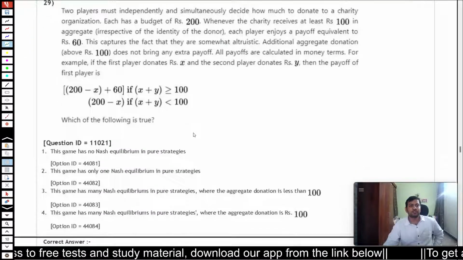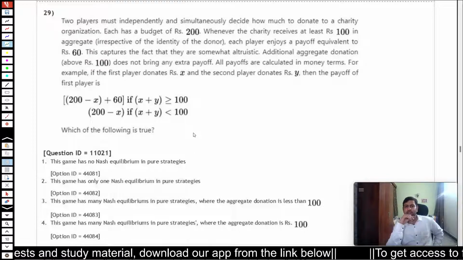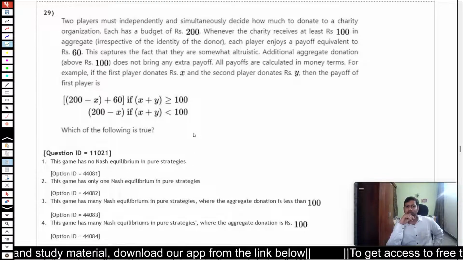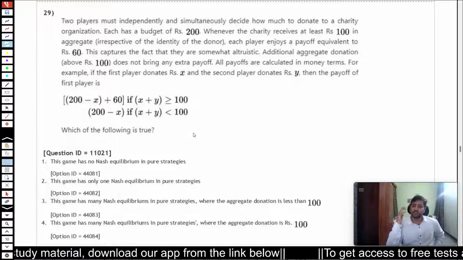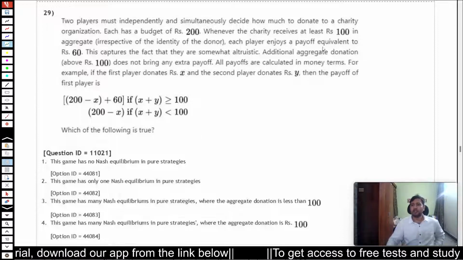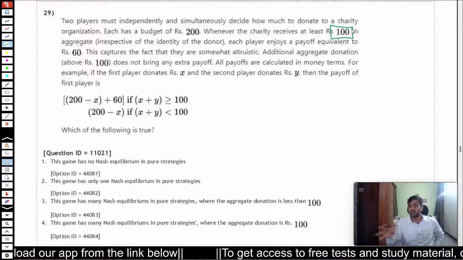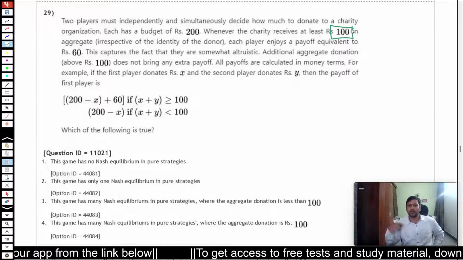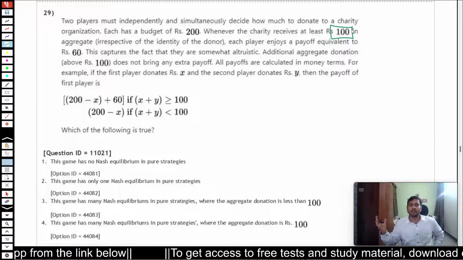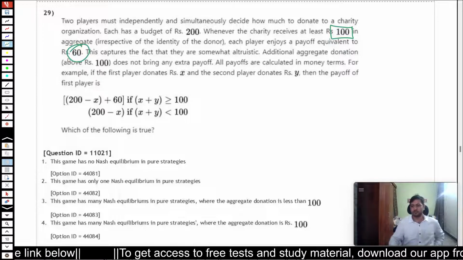Now let's move to question number 29. So in question number 29, this is game theory in which people are donating some money. So everybody has a budget of 200 and they give money to a charity. If the charity is able to collect at least 100 rupees from these two people, it will do something good to the economy, and that will give a utility of 60 rupees to each of these people.